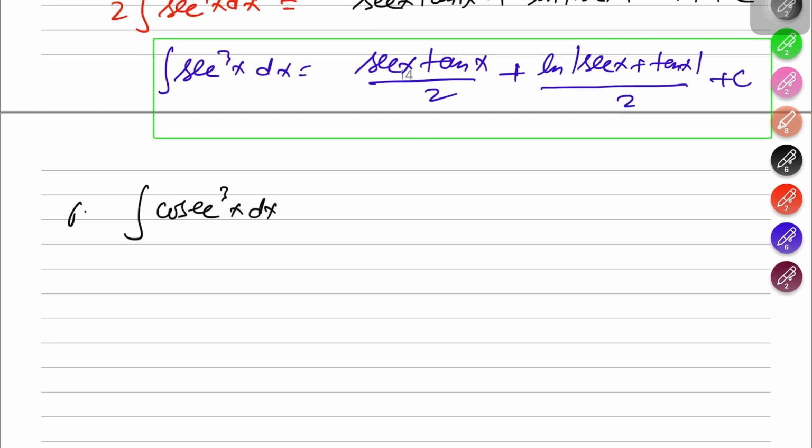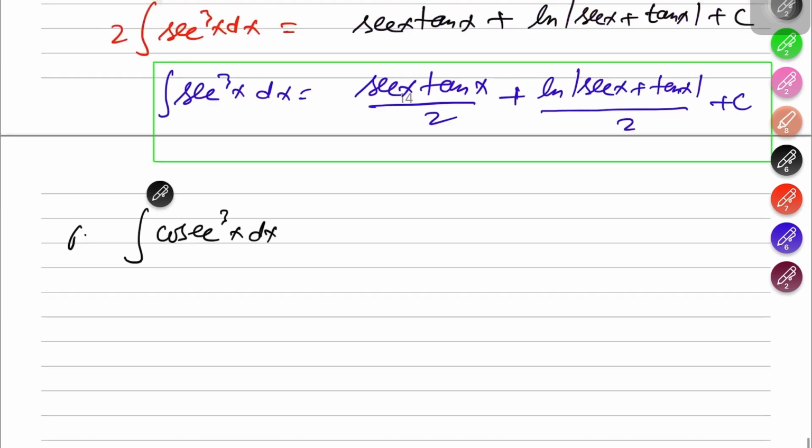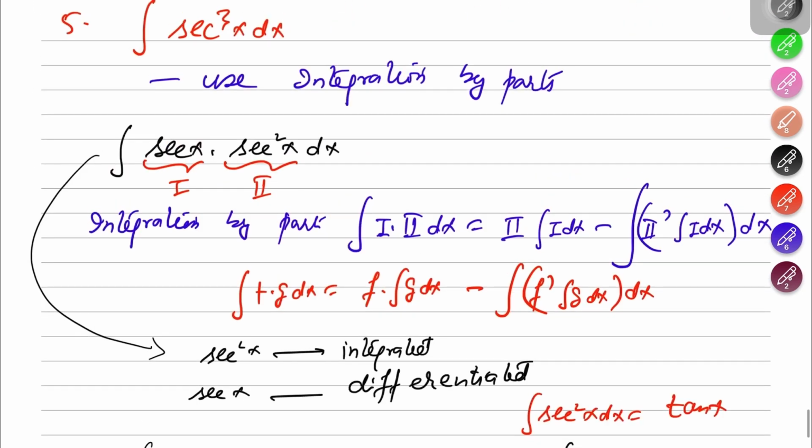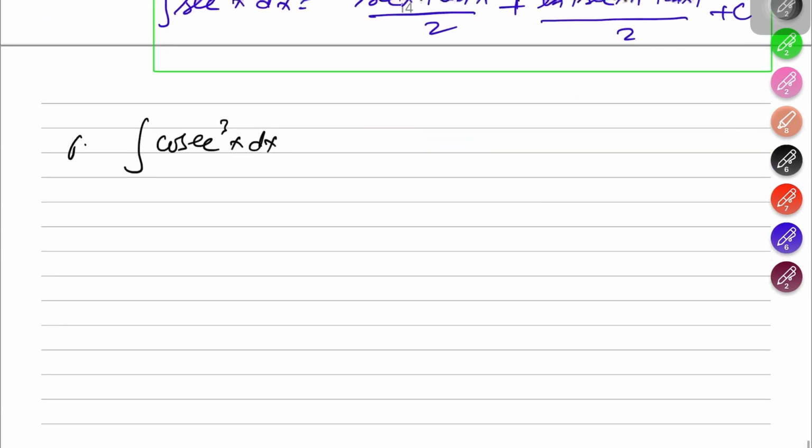Okay, so that's similar to sec cube x. We'll write cosec cube x like this. So basically, just like we have done here integration by parts using sec x and sec square x, here also we'll use integration by parts, where one function is cosec x and the other function is cosec square x dx.